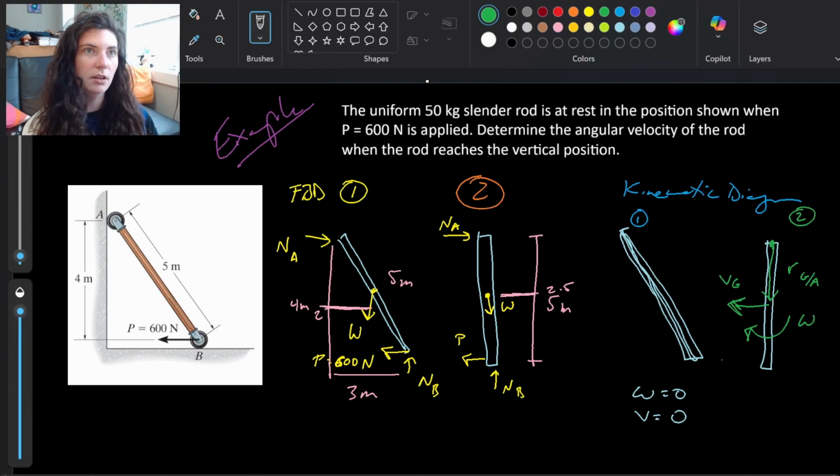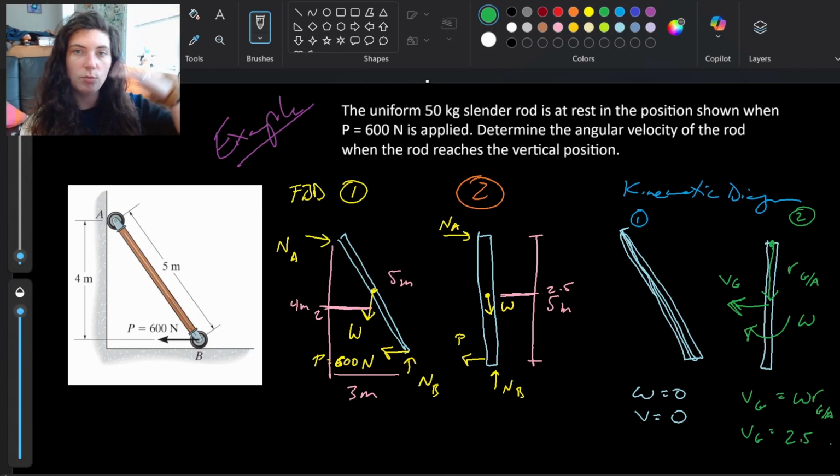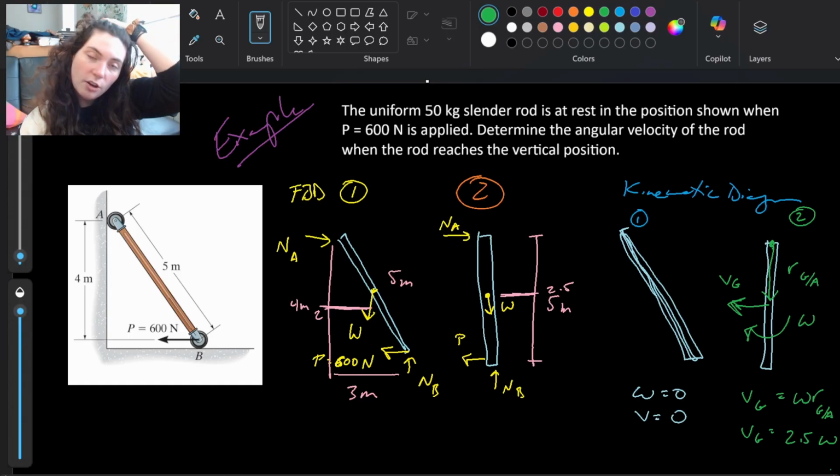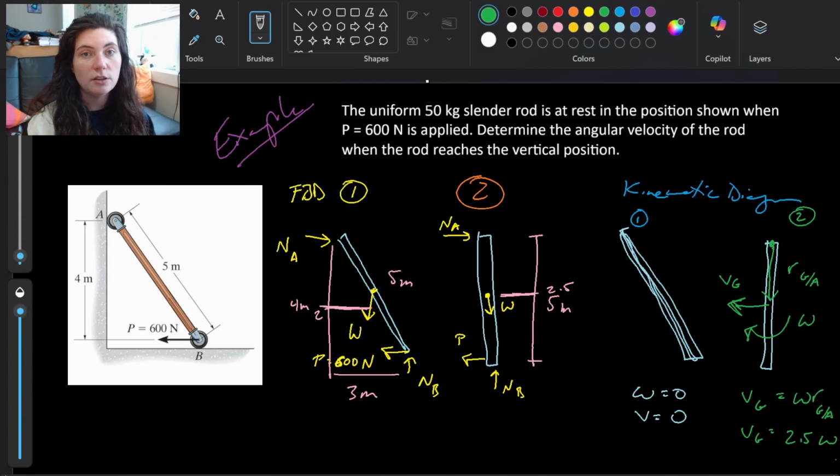If we recall, our VG is going to be omega times R of G with respect to A. So for our case, VG is 2.5, because that rod is 5 meters, so the halfway point is 2.5. So VG is 2.5 times omega. So that kinematic diagram gave us this relationship. Remembering back a couple weeks ago when we were doing all of these kinematic diagrams, solving for velocities, relating those velocities to our angular velocities and our position vectors, that's where this is coming from.